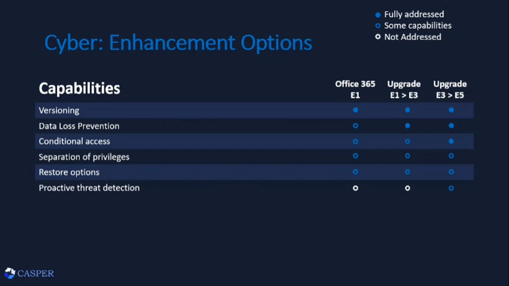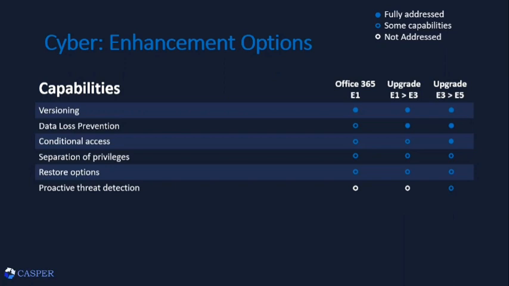So they should have different versions of a particular file in the original locations, and things like data loss prevention. The way data loss prevention works is that you could prevent the exploitation of business or personal identifiable data to external sources, but things like that are not accessible to people using E1 licenses. Then things like conditional access is only available to users or companies who make use of E5 licenses and all of that.